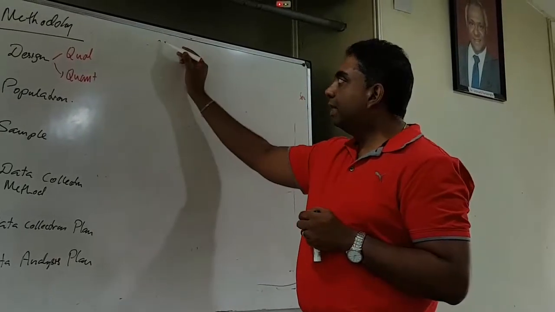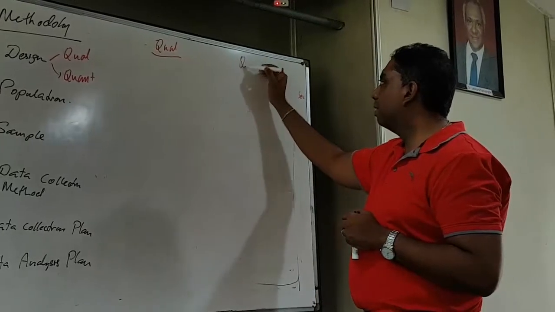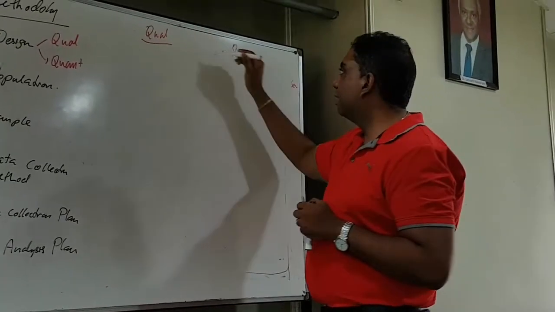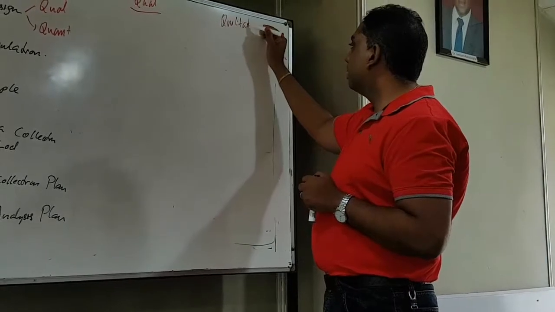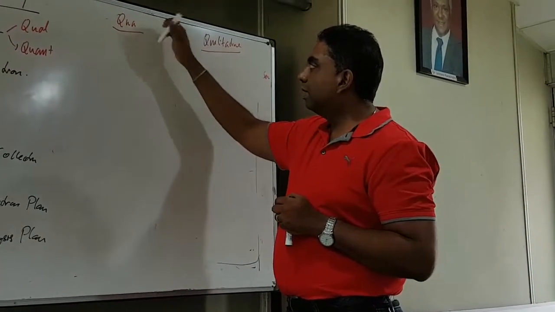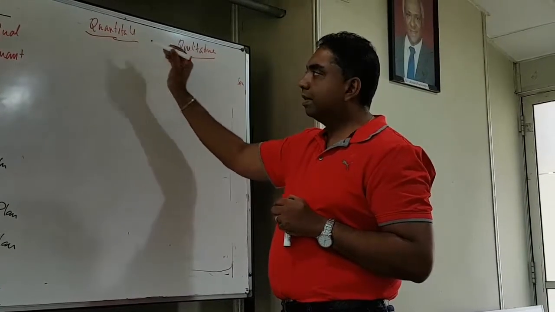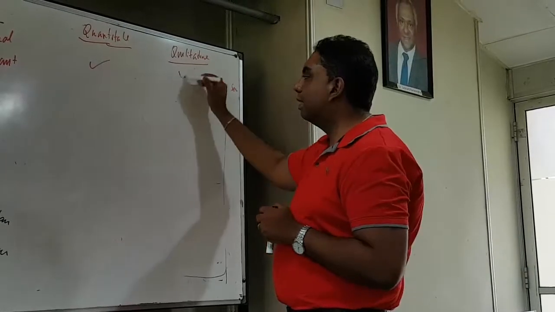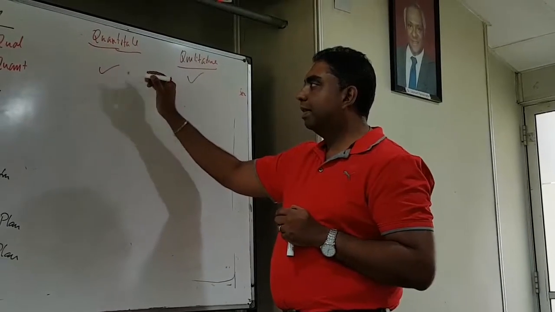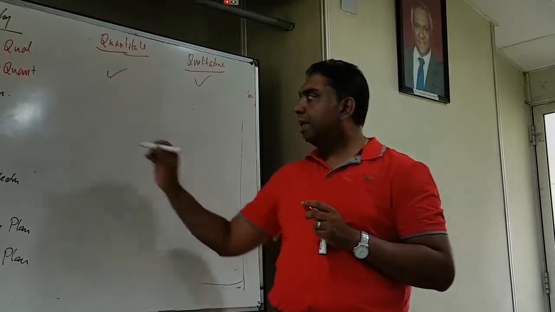So now based on this, we have two types. I first write the quantitative one and the qualitative one. So this is done. Whether it's a qualitative design or a quantitative design, the population definition is the same.